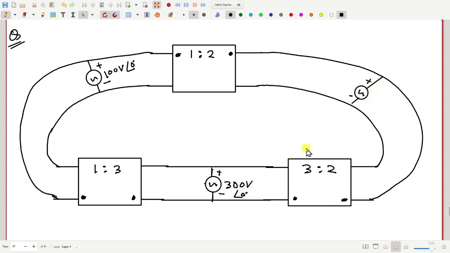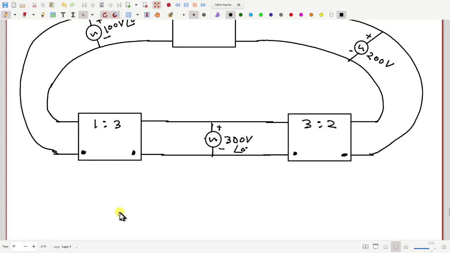What will happen if they are not in the same phase? This should be 200 volt. What will happen? It will be a situation similar to if I connect two different batteries face to face with different voltages, 12 volt and 10 volt.